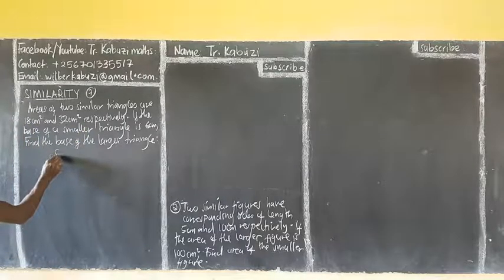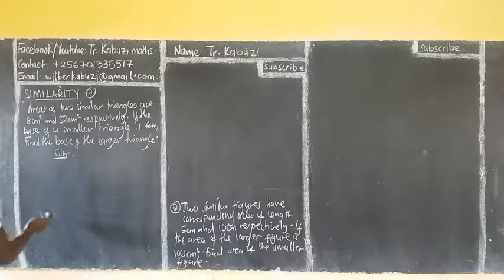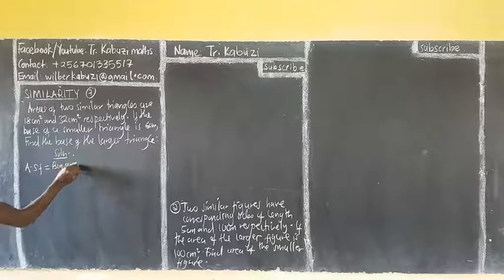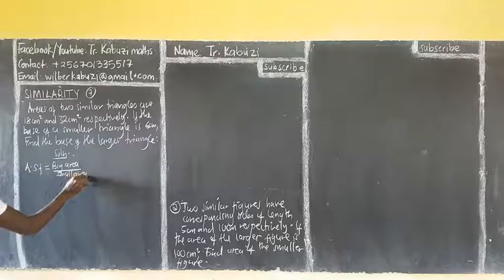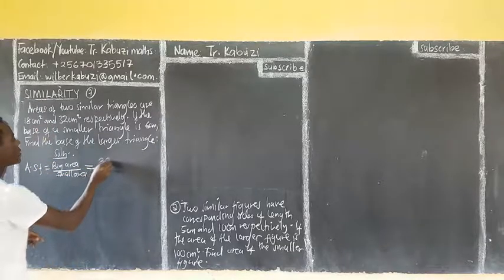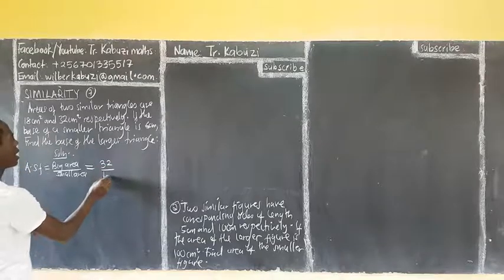So the solution: area scale factor is equal to the big area over the small area, which is 32 over 18.